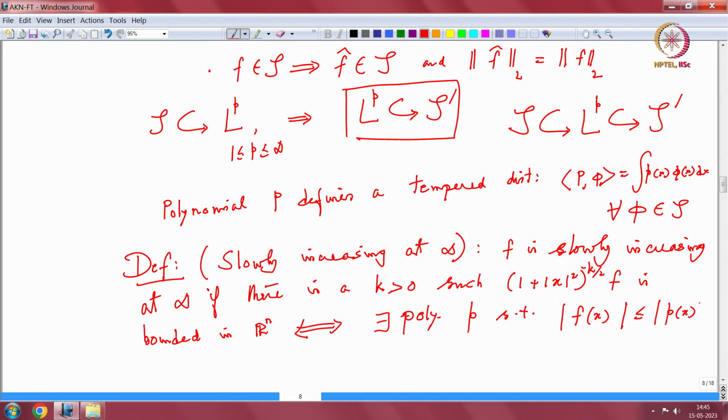You see, it can be estimated by a polynomial, it can't grow more than that. An exponential generally goes to infinity faster, like e power x, etc. A polynomial is always something like a normal growth.